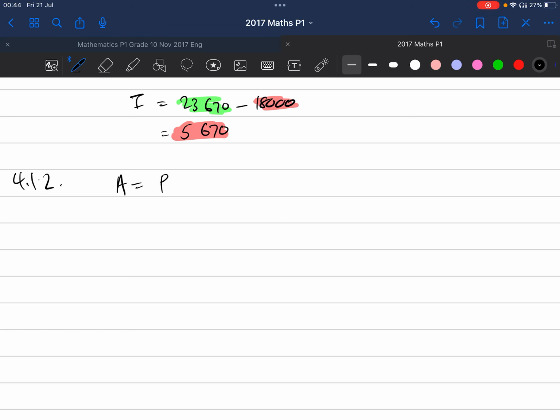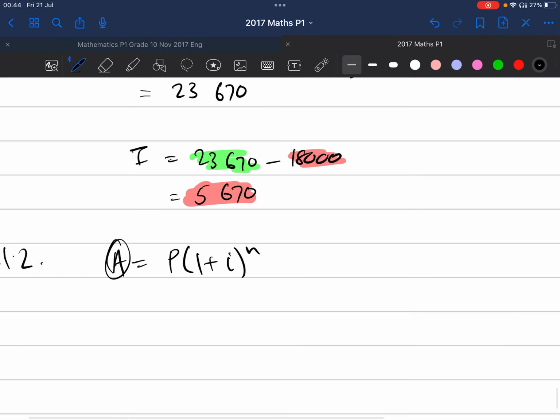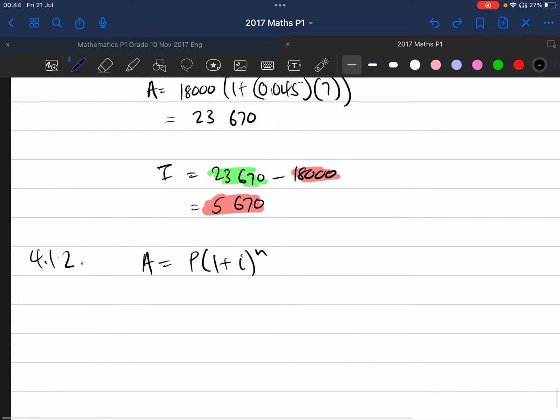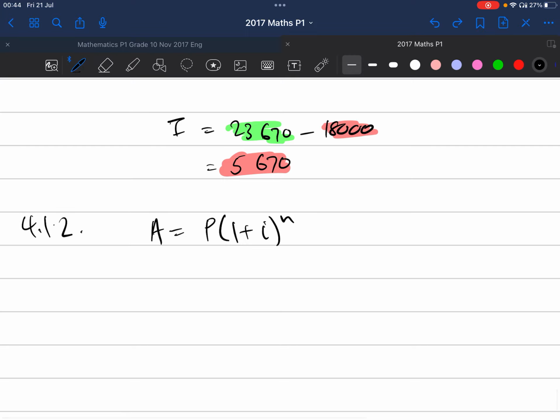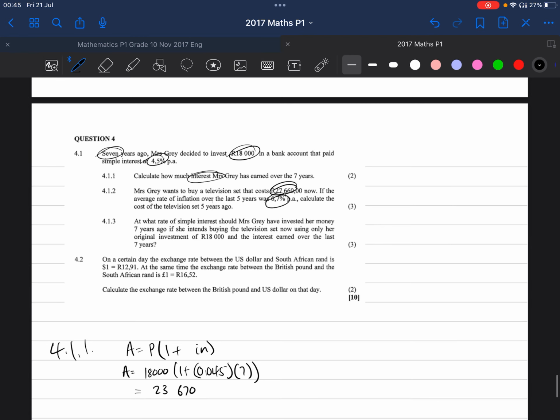So A is equal to P times 1 plus I to the power of N. In this case, A is equal to the amount that it's currently worth. P will be the amount that it was originally worth. I again is the inflation rate and N is the number of years, the time. So it's currently worth 27,660. There's an interest rate of 6.7% and it was 5 years.